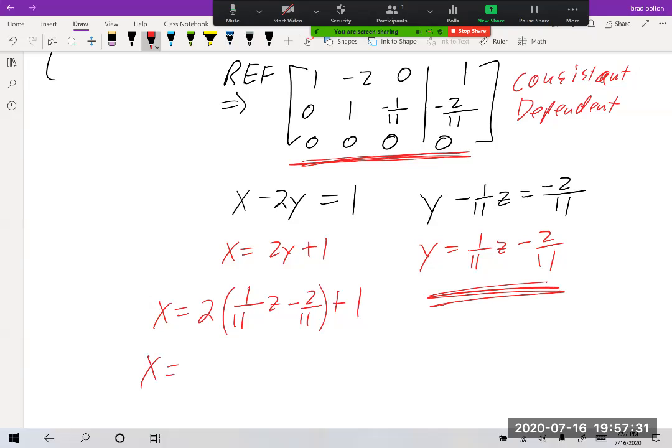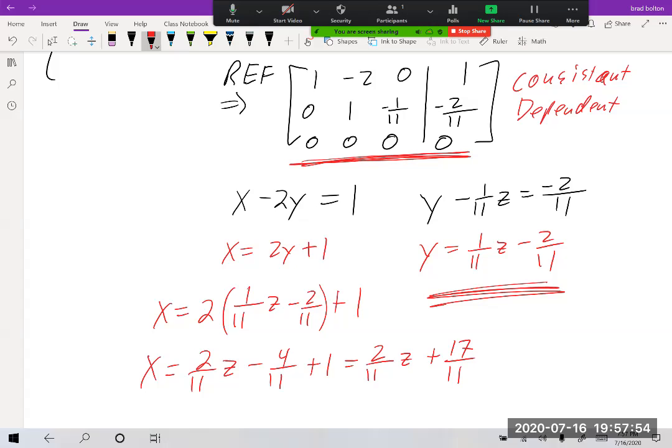So x is actually worth 2/11th z minus 4 over 11 plus 1. That would be 22 minus 4, 17 over 11?